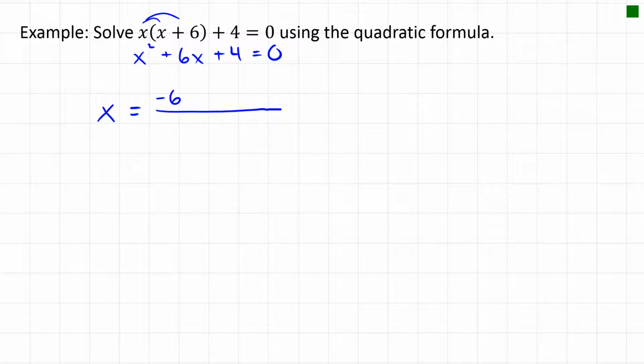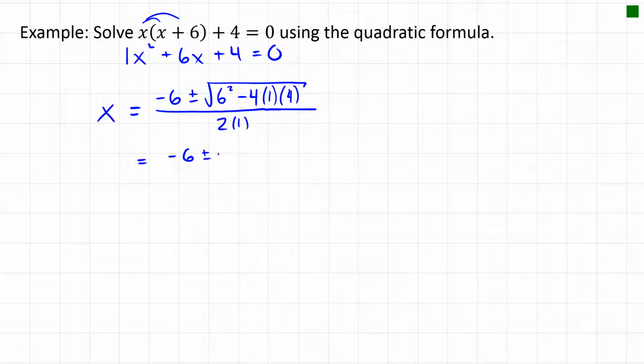So that's negative 6 plus or minus b squared, so 6 squared, minus 4 times a. And here we notice that the value of a is just equal to 1 because there's nothing in front of the x squared term, which implies that it's just 1. And c is 4. And then all divided by 2a, so 2 times 1. Now we just begin our simplification.